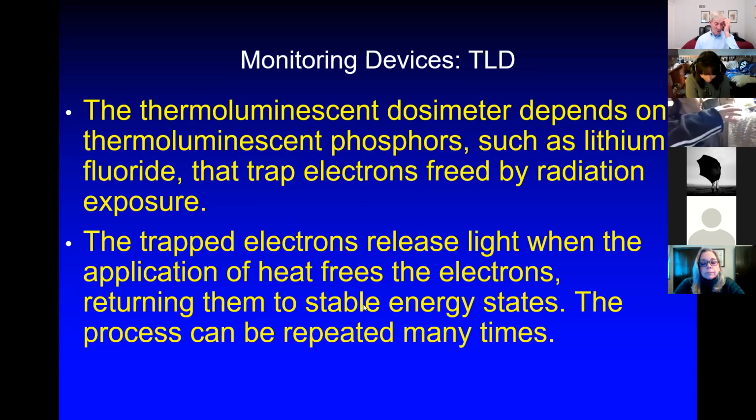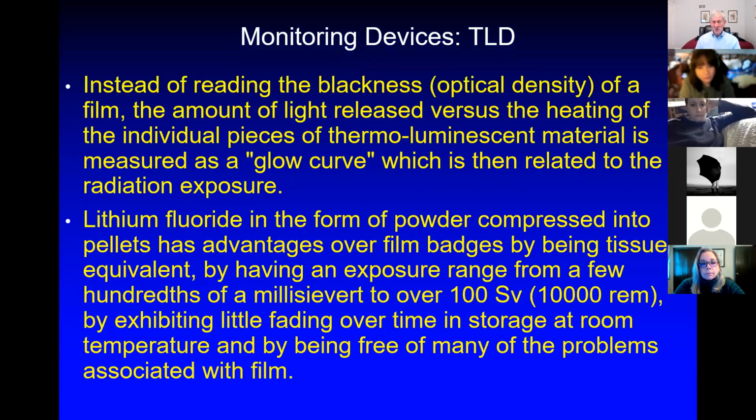That light is measured, and this process can be repeated many times. So the ring badge that you received this month, somebody else wore last month. And what really happens to them is they don't wear out. People just lose them. That's mostly what happens. And so instead of reading optical density, we are reading the visible light coming out, and it's compared to what's called a glow curve.